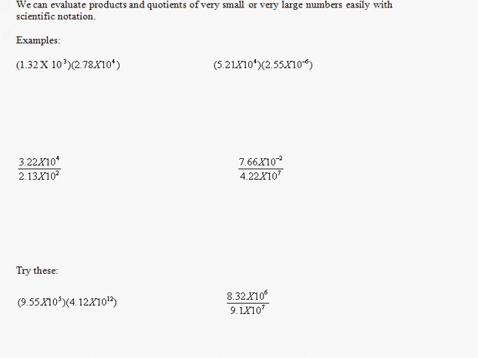So I'm going to say 1.32 times 2.78, get the number parts first, and then times 10 cubed times 10 to the fourth power, because I can certainly handle those power parts quite easily. I learned in class today that if my base is the same, I add my exponents. So that's going to be times 10 to the 7th.